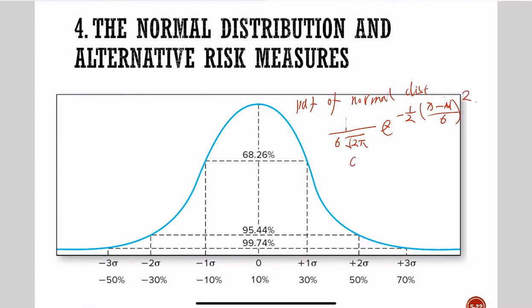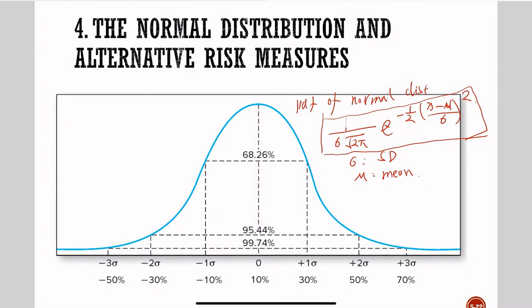So here, sigma is the standard deviation, mu is the average or the mean. And if you draw out this function, you will find out the PDF of a normal distribution looks like this. So it's this famous bell shape.